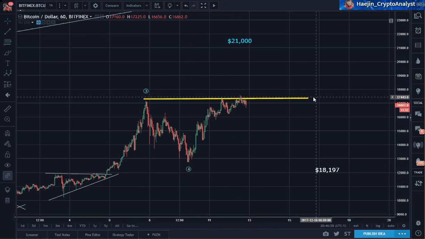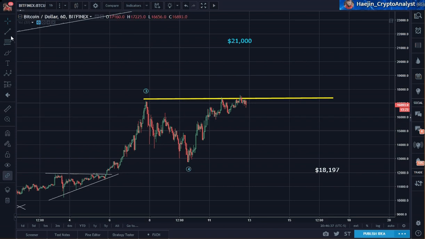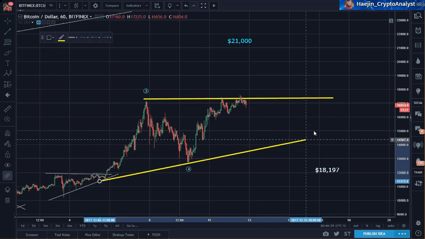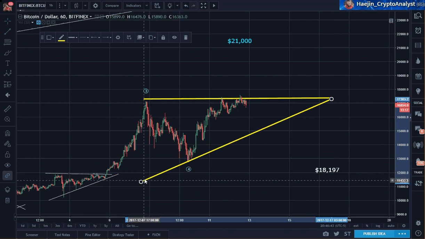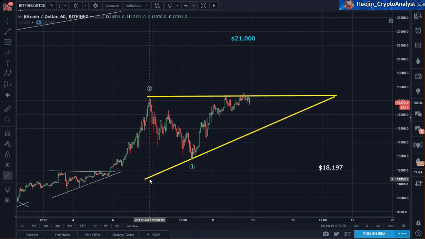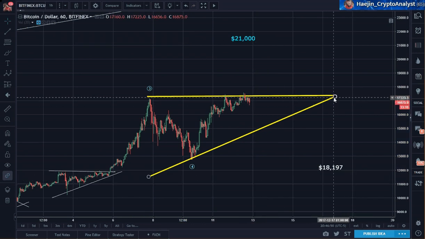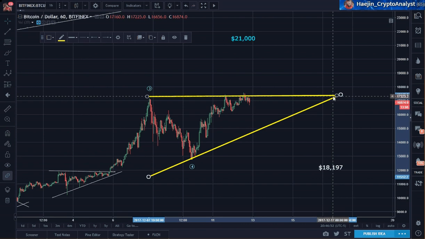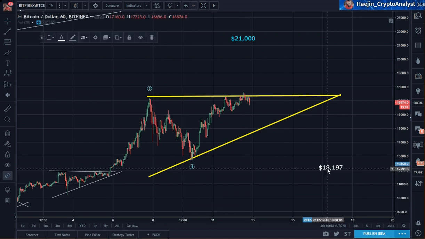What is this looking like? It's a horizontal line on a triangle. When you have a horizontal line on a triangle, what do you get? What's this called?